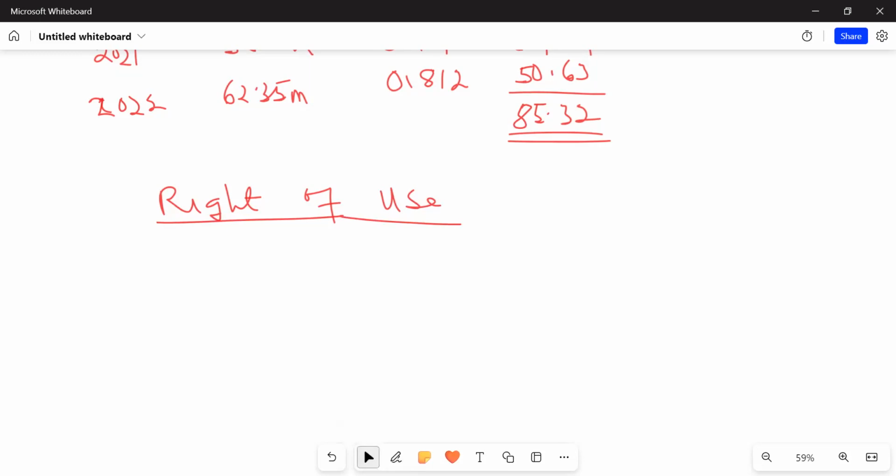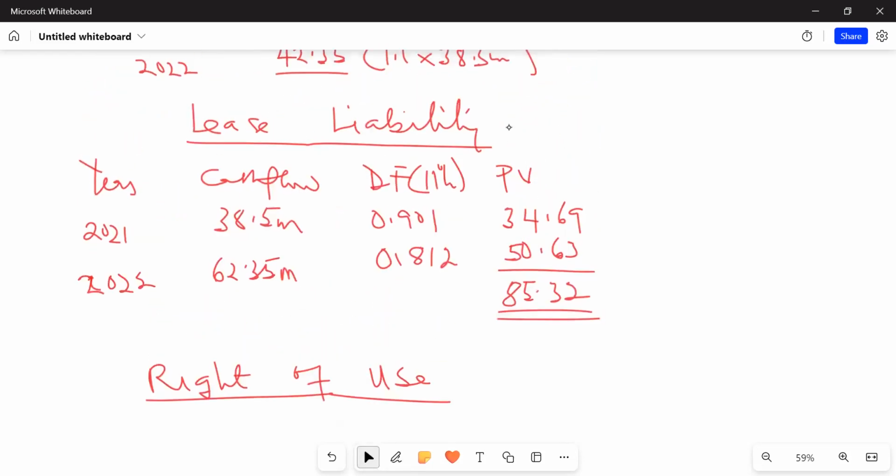How much are we going to pay to the lessor as of today? How much are we owing them? Okay, we are owing them 85.32. Why are we owing them this amount of money? It's because of the asset that we are leasing, isn't it?